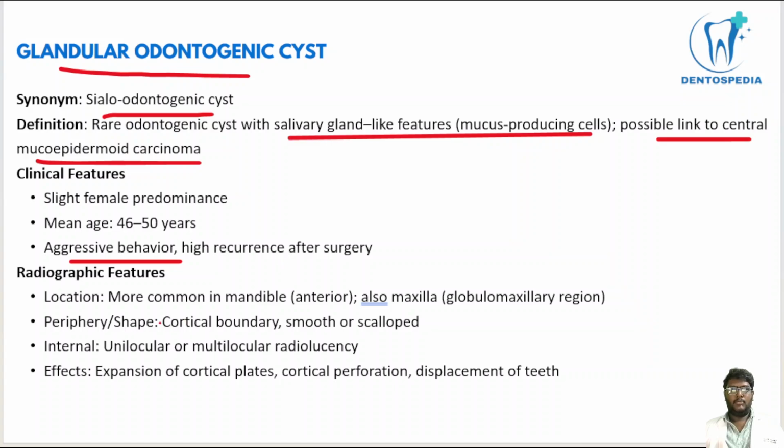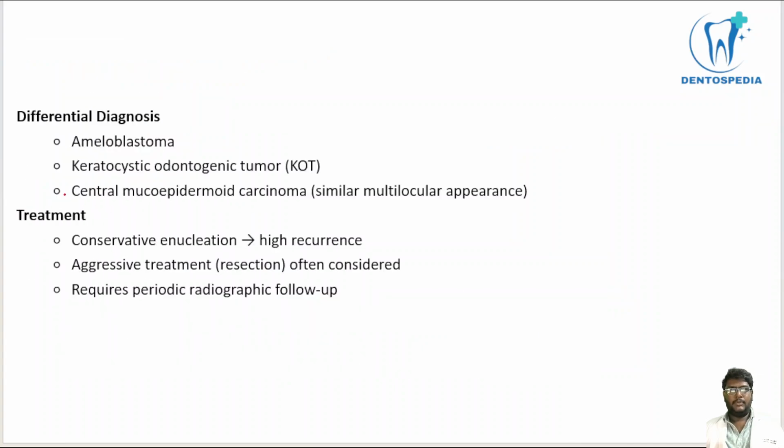Usually the most common region is the mandible anterior region, and in the maxilla, the globulomaxillary region. These are the important points regarding this cyst. Coming to differential diagnosis, these are the differential diagnoses which we have to look out for.